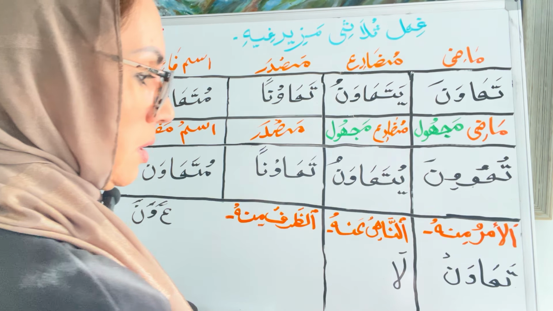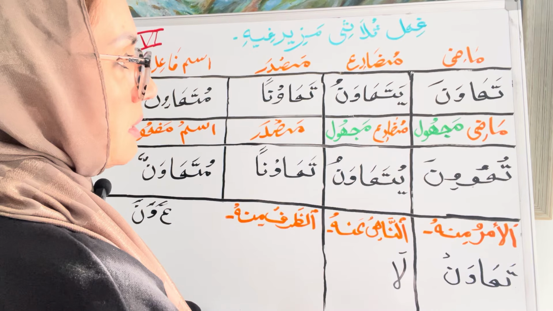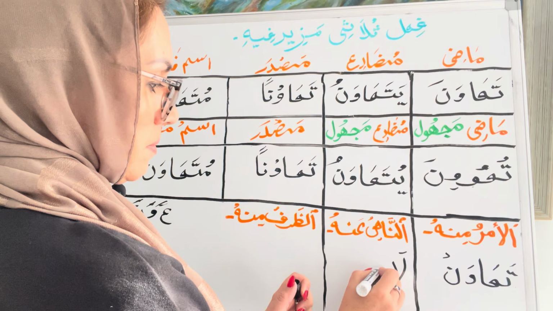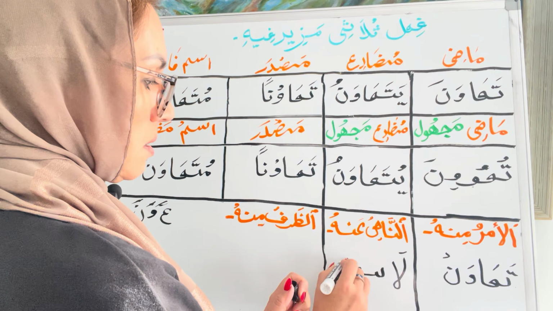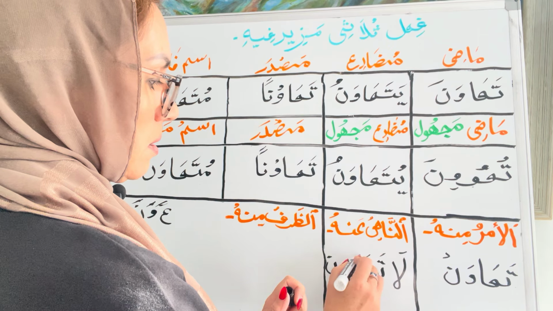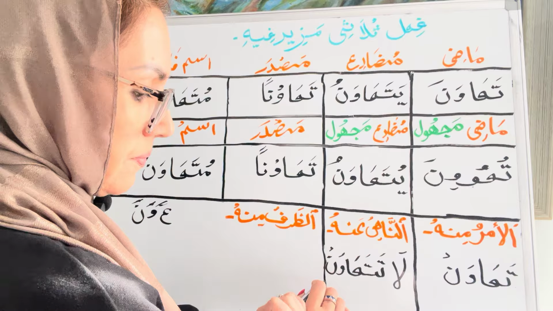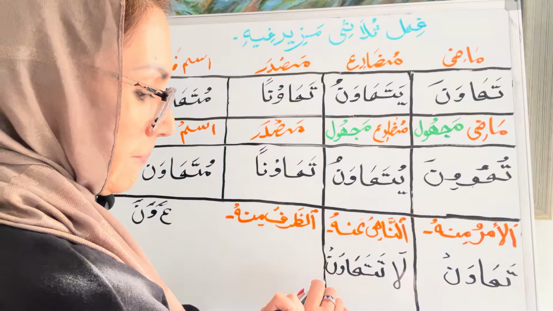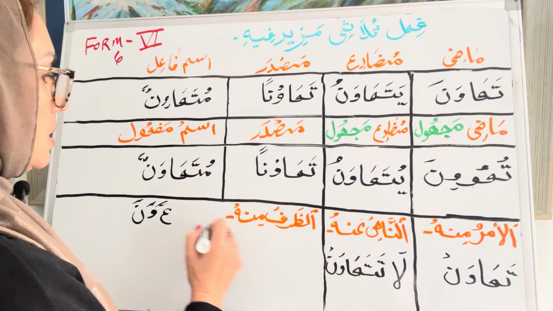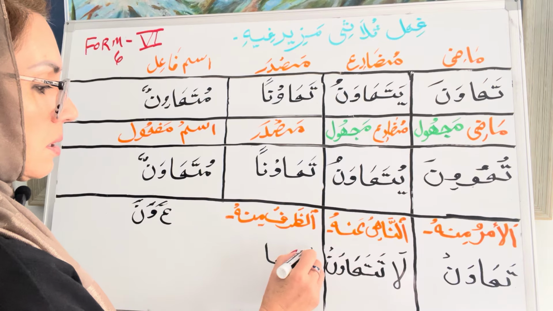Noon has a sukun in it. النهي عنه لا تتعاون. سكون. لا تتعاون. And then والظرف منه متعاون. Same thing as here. متعاون.